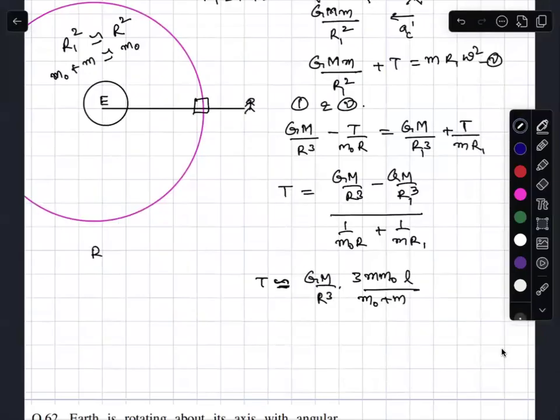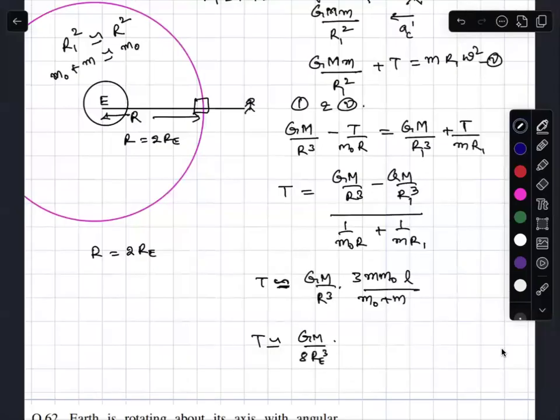Remember, R is nothing but 2 times the radius of the Earth. I told you very clearly. R is not the radius of the Earth. It is the radius of the orbit, which is 2 times the radius of the Earth. Now, by proper substitution, tension is nearly G M by 8 RE cubed.